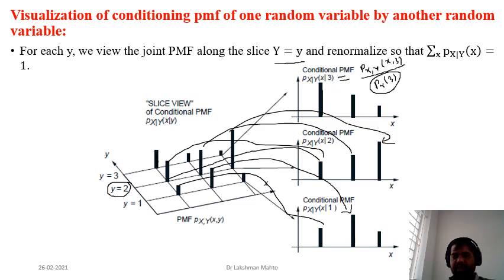Here also, this is the highest bar for y equal to 2, and the corresponding bar in the conditional probability is also the highest, and this one is the second highest, and this one is the least. So we can see a very interesting one-to-one correspondence between the size of the conditional probability mass function and the size of the joint probability mass function.